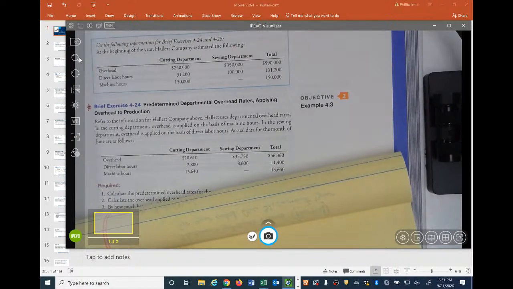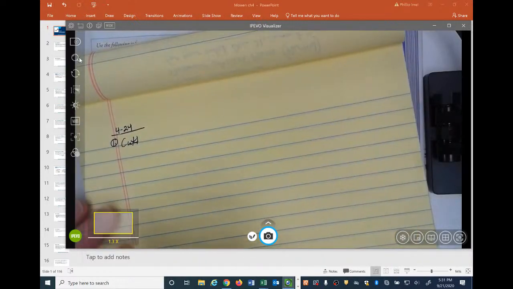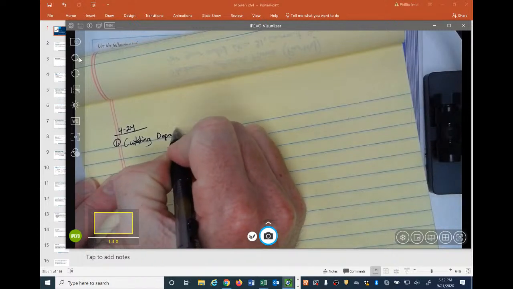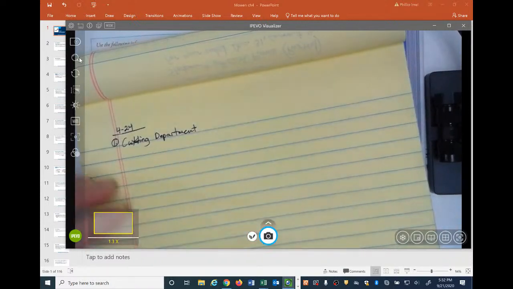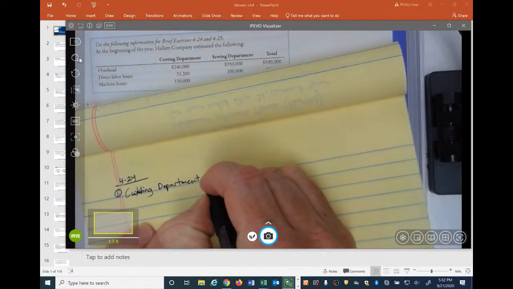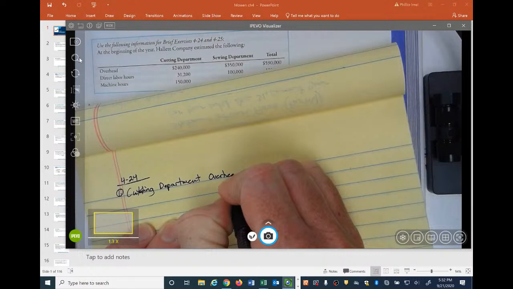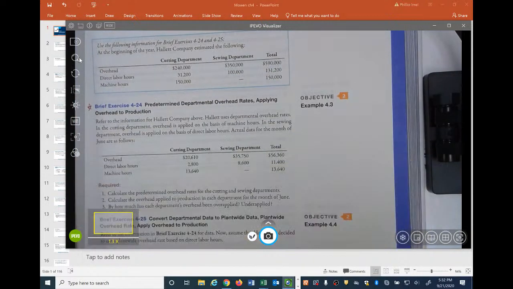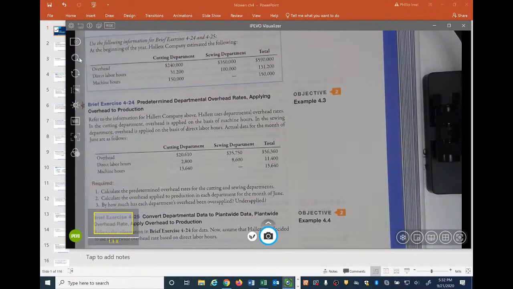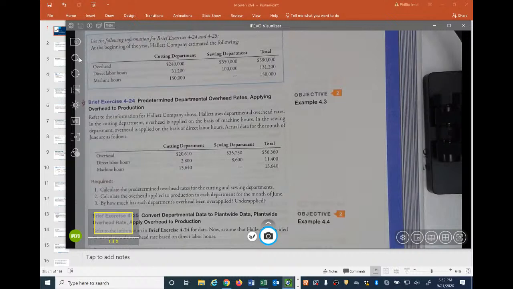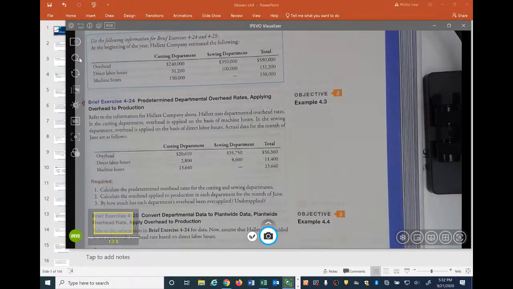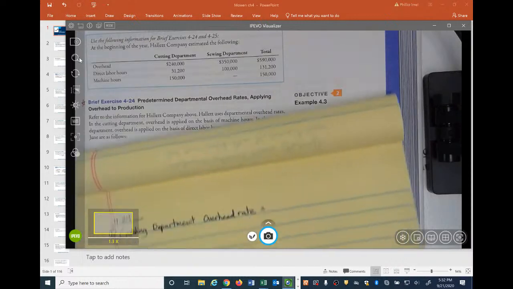Okay, so for the cutting department, I'll just go ahead and put overhead rate. What's the first thing we're going to do to find the cutting department overhead rate? What's the first piece we need to pull from? So we're dealing with the cutting department right here, right? Is that going to be your numerator or denominator? That's your numerator, right? So the overhead was what, $240,000?